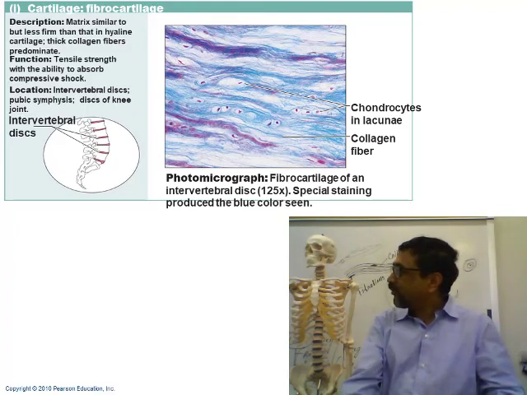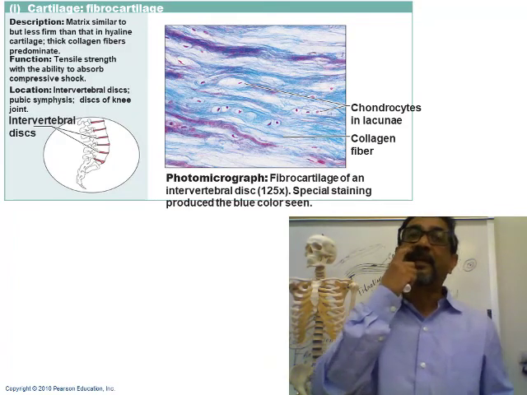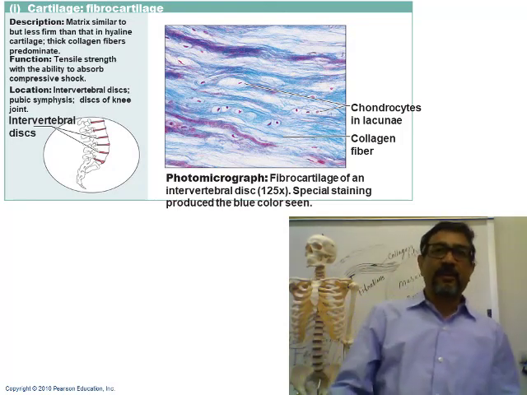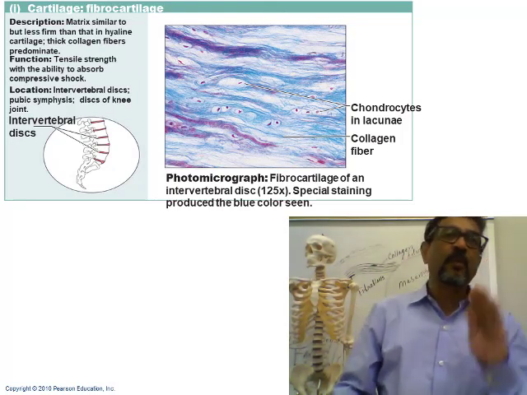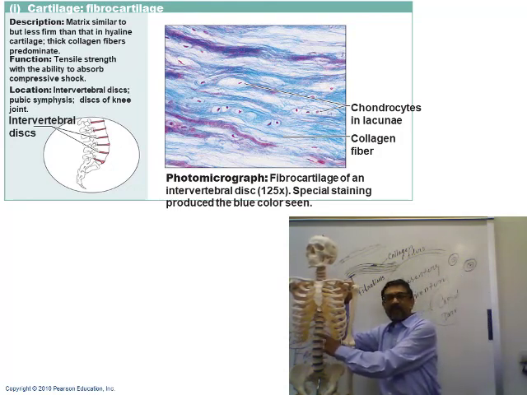Fibrocartilage has plenty of fibers, that's why it is called fibro. You remember I mentioned a lot of fibers. You see here, a lot of fibers. So fibrocartilage, where you will find it, write it down. Only a few areas. You see here, intervertebral discs, in between the vertebrae.